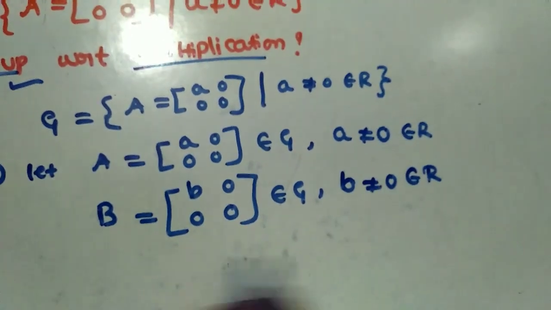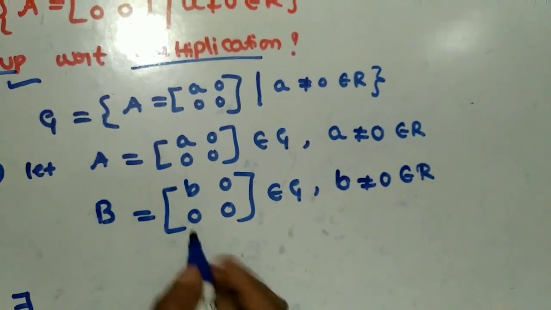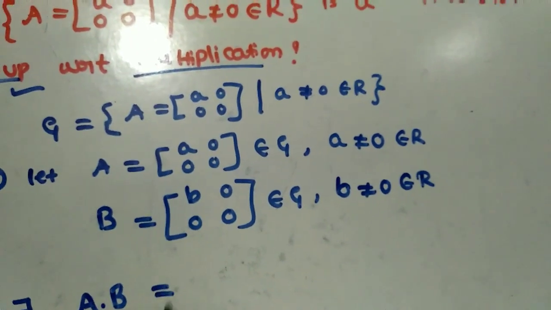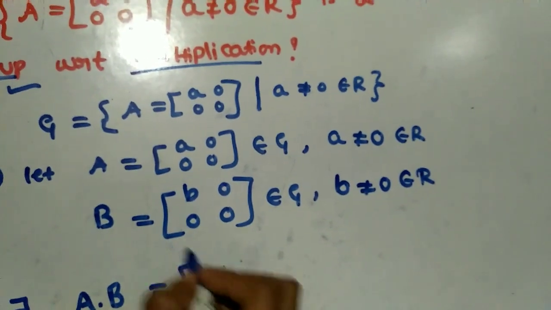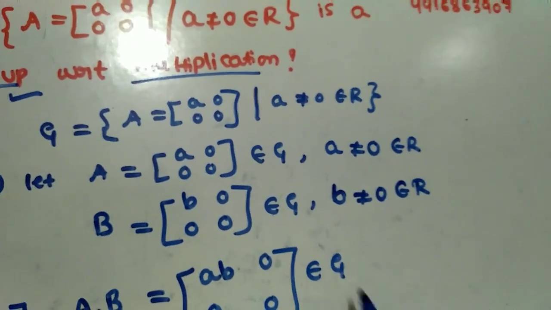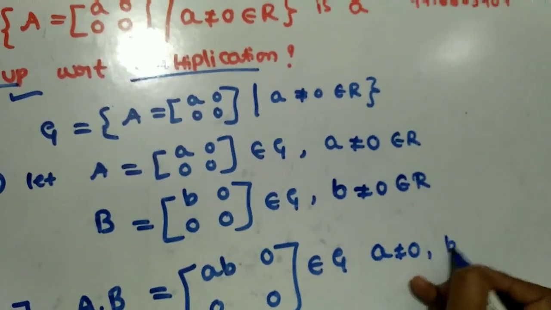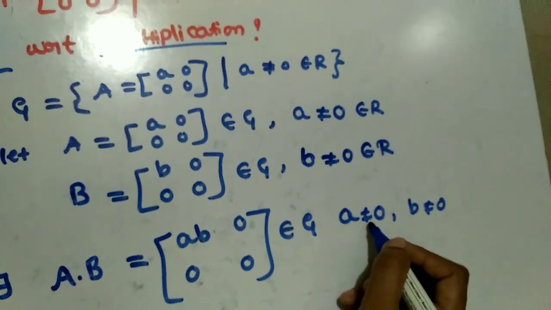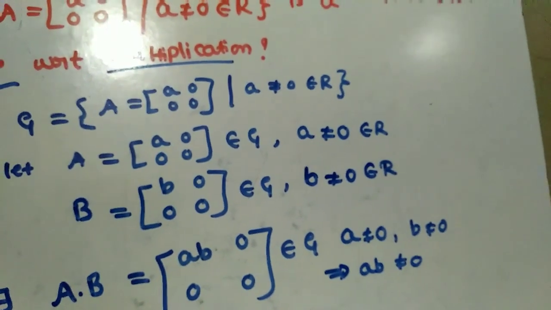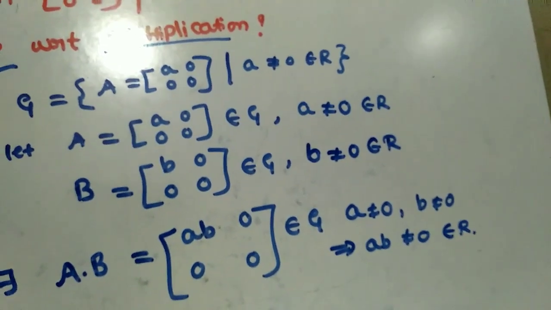Okay, so next, here A is this one, B is this one, and what is the closure law? Closure law is nothing but A dot B, so AB, 0, 0, 0, which belongs to G. Here what is the condition? A is not equal to 0, B is not equal to 0, then automatically AB is not equal to 0. Yes or no? Yes, of course. And that should belong to any real number.